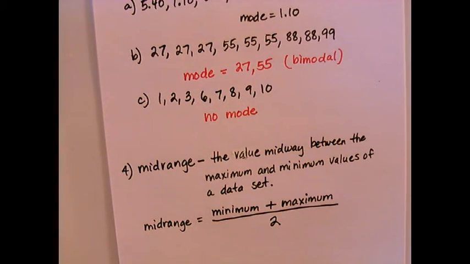That sum is going to be divided by 2. Okay. So basically, that's what you'll be doing in this particular video. We'll be finding just those 4 measures of center: the mean, median, mode, and mid-range. Okay, so now let's look at some examples of just this.